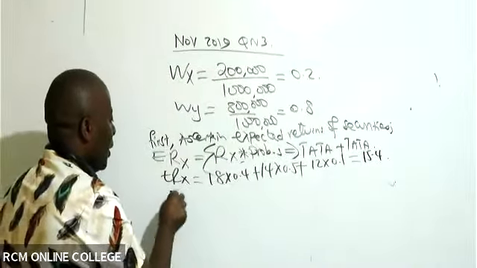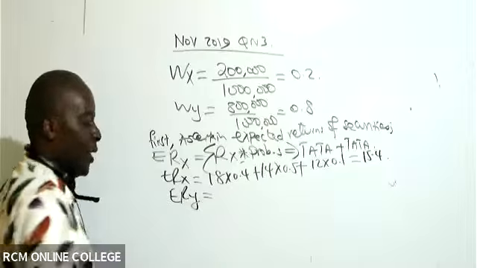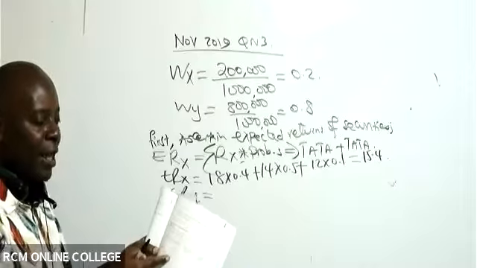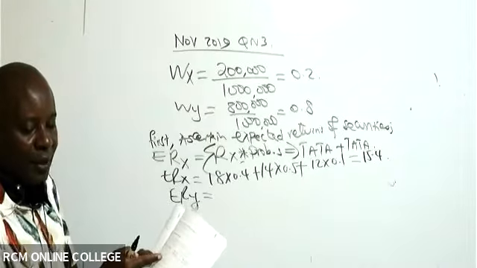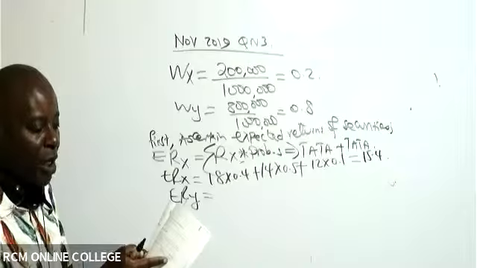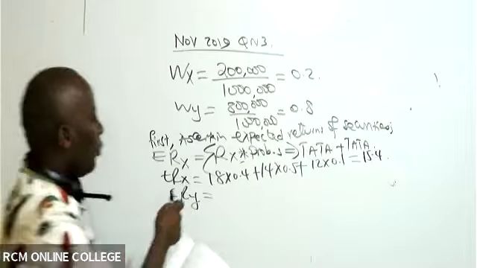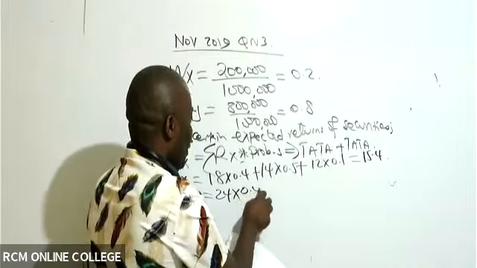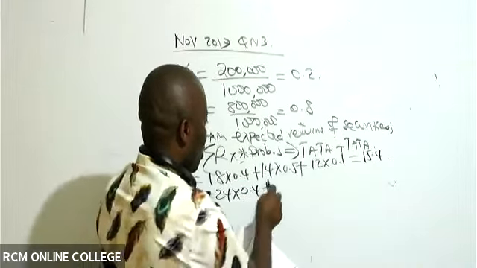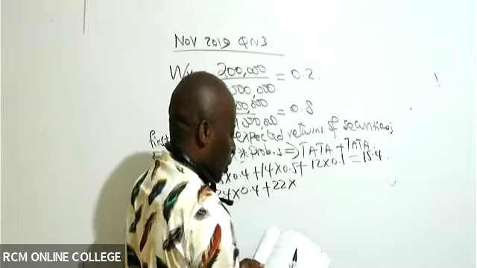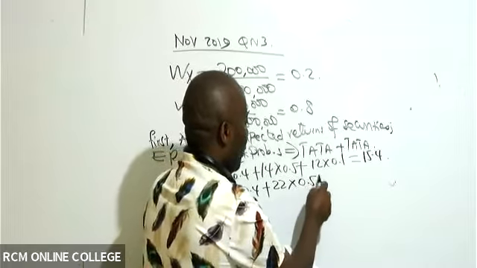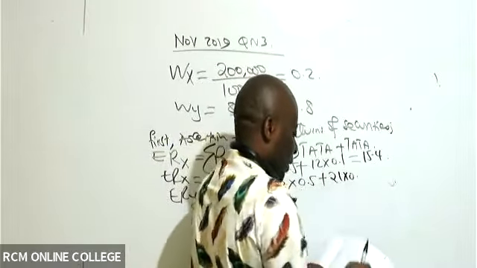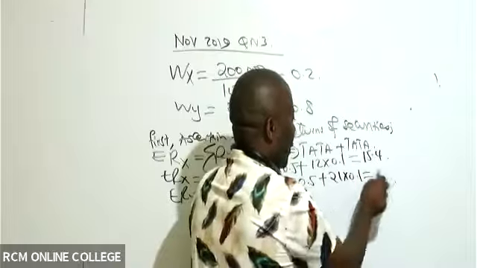So from there we have expected returns of Y. What do we have there? You see, probabilities are the same. So now we are simply taking the actual returns of Y times these. So 24 times 0.4 plus 22 times 0.5 plus 21 times 0.1.